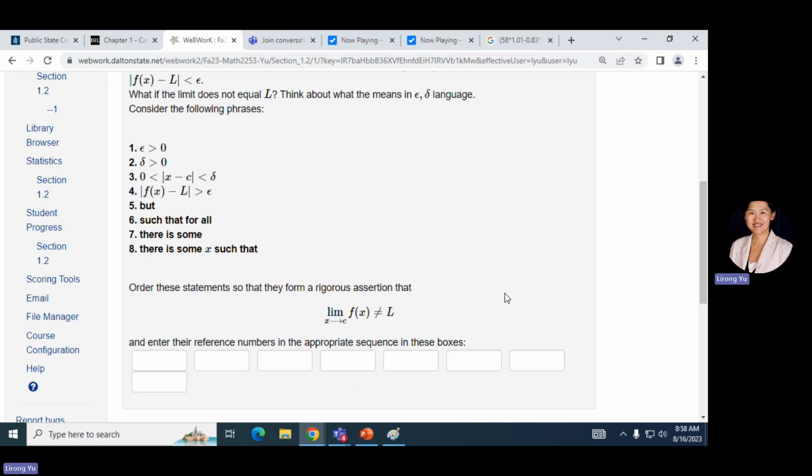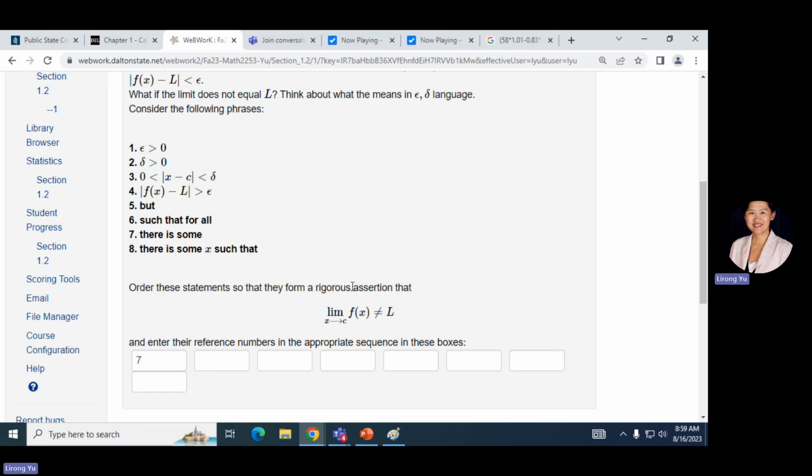So rigorously, for us to prove the limit of f of x is not L when x approaches C, number one is the wording. It starts with there exists epsilon, so there is some epsilon positive, and I will start with 7.